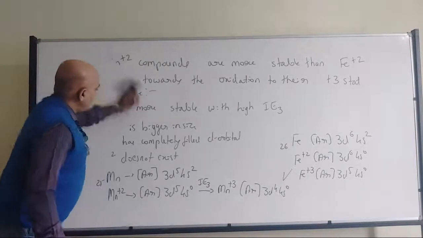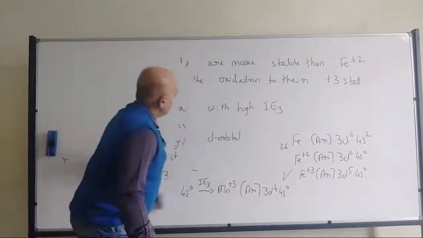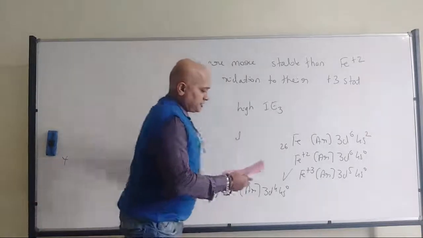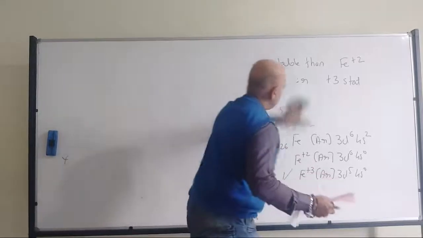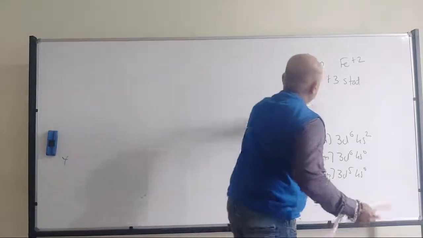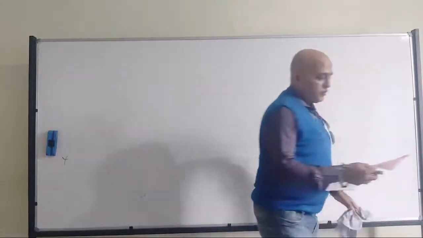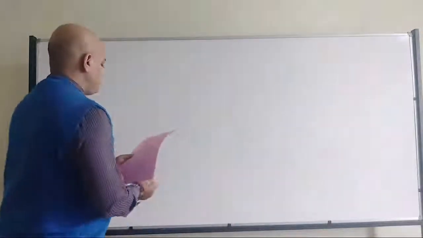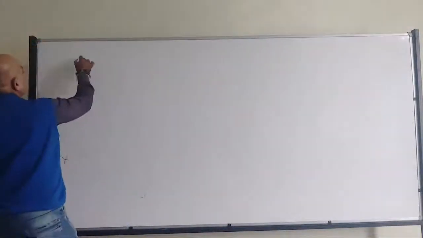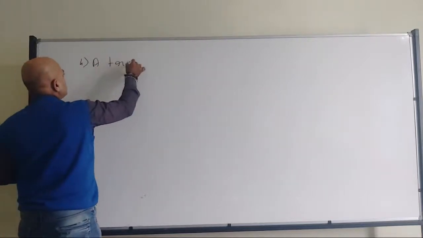So that's where we have the answer as option A. So we will move to the next question. This one was asked in CET earlier. Anyway, now it is neat. Next question. Once again from CET. Next question is 4. A transition element.